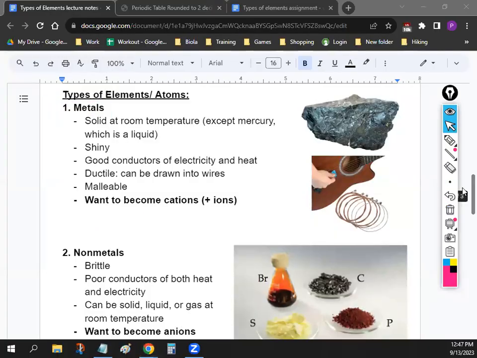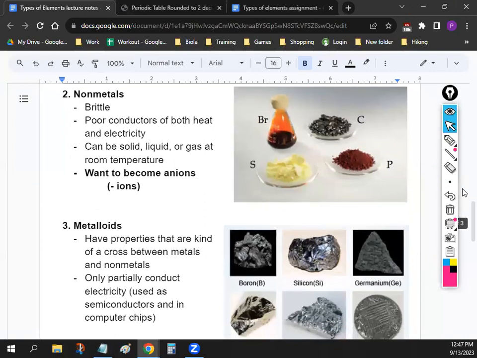So the second type of element on the periodic table, very creative name, they're nonmetals. Make sure you write that down. Nonmetals. Yeah, nonmetals are exactly what the name sounds like. They're not metals. So opposite of metals, they're brittle, which means you can't really bend them. They're gonna break. They crumple when you put force on them.